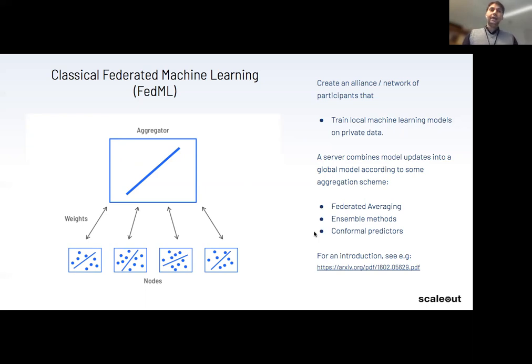But at the end of the day, together with providing an accurate model, there are other challenges as well when it comes to federated machine learning. What if one of the nodes is not available? Or what if the network connectivity between the nodes is not stable? Or in some cases, what if the aggregator node is not available for some time?